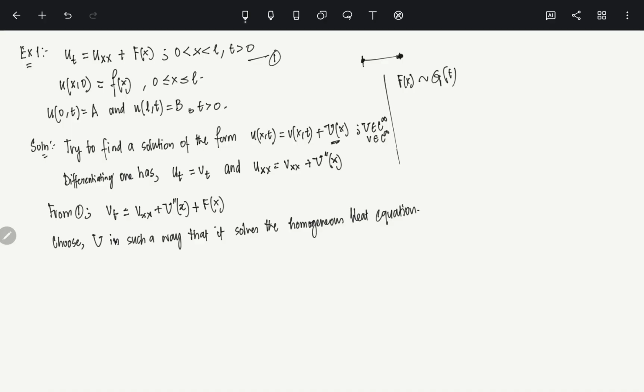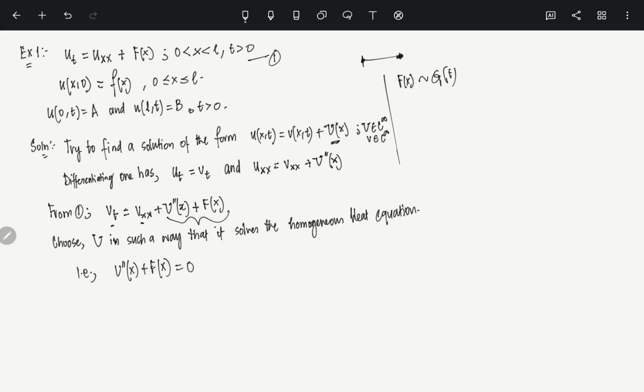It means that U double prime of x plus f of x will be chosen as 0. f is given to us. We are trying to find a capital U such that U double prime plus f is going to be 0. If we have something like this, then Vt equals Vxx, that will be your parabolic problem, the heat equation, which is the homogeneous equation.